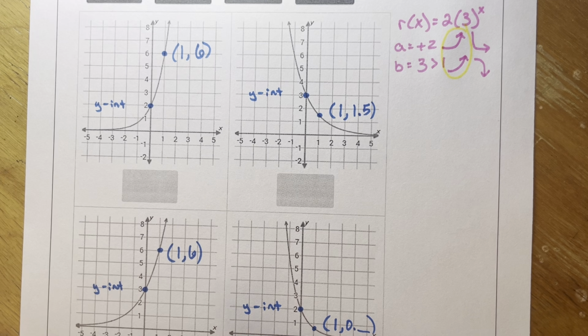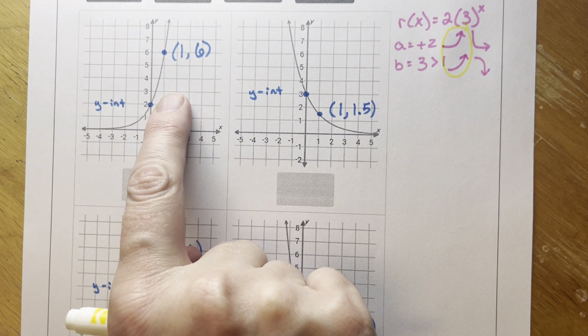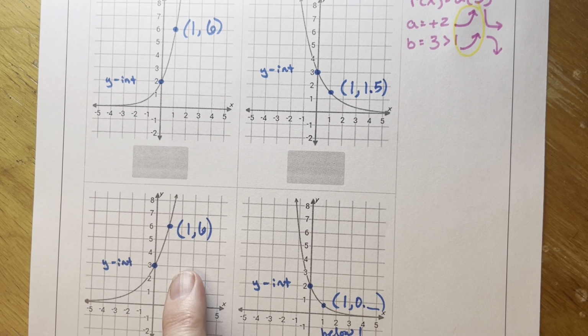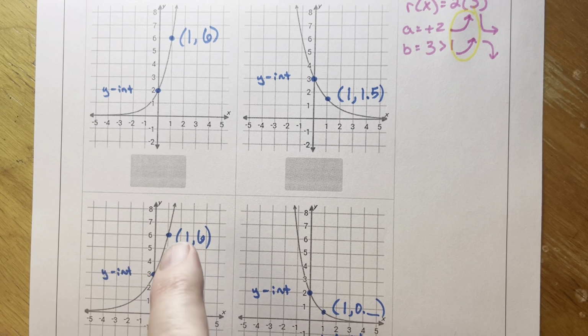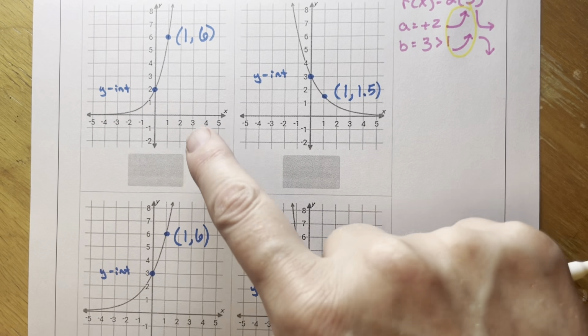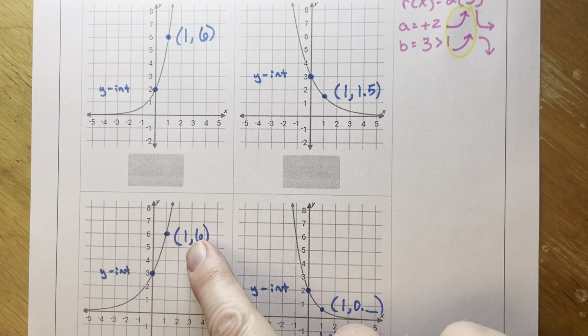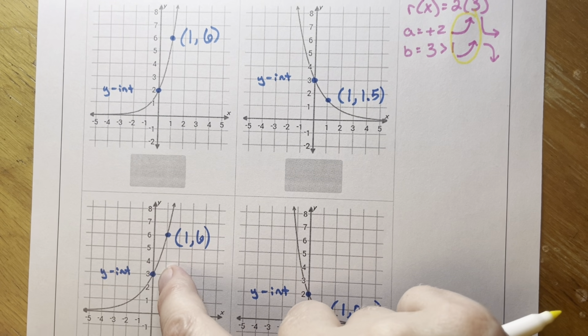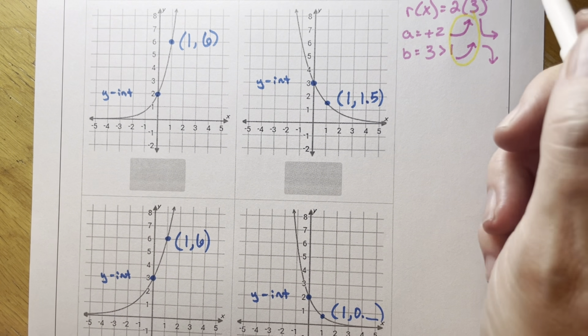So that tells us I'm either going to work with my first graph here, or I'm going to work with the graph right below it. So both of these graphs have a 1, 6 as possible coordinate points on their path, but we have a y-intercept of 2 versus a y-intercept of 3. So let's go check it out.